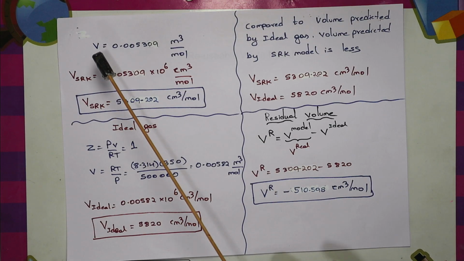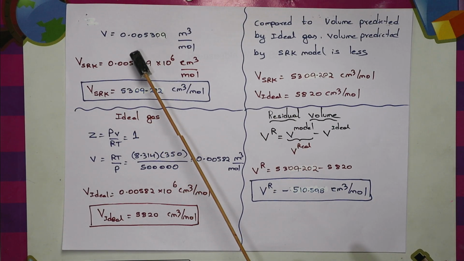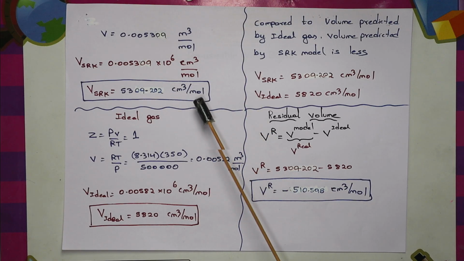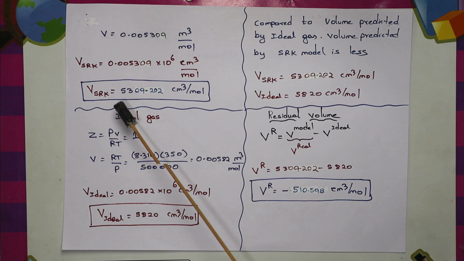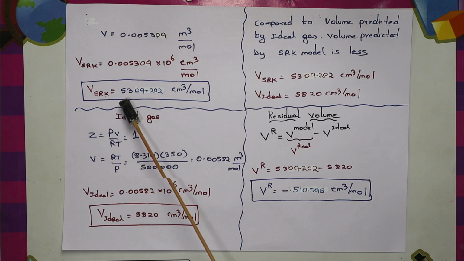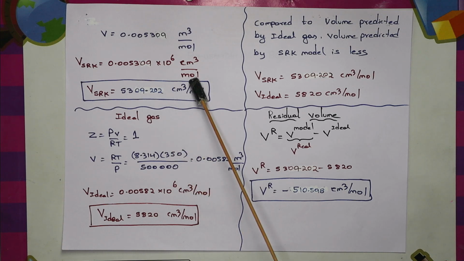So finally the volume you get is 0.00531 meter cube per mole. If I change the unit system, the molar volume of n-butane from the SRK equation of state is 5309.202 centimeter cube per mole.